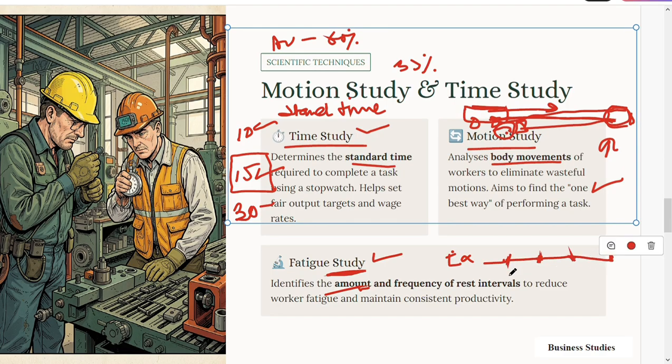Why are we taking the break in between? Because the muscles being used for that particular exercise become tired, right? And there is fatigue. You cannot go on exercising again and again. So you take rest, you rejuvenate your strength, and you start over again.